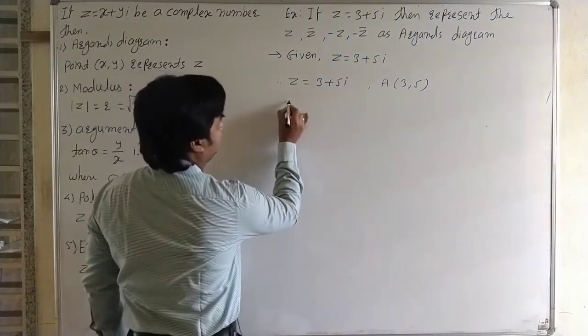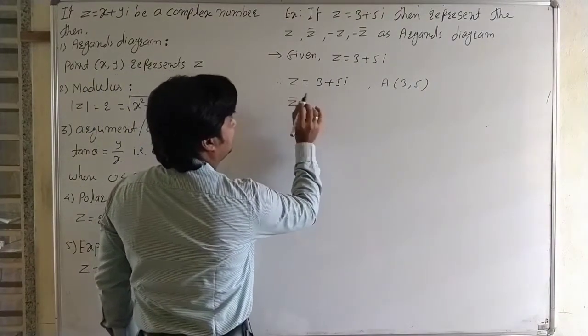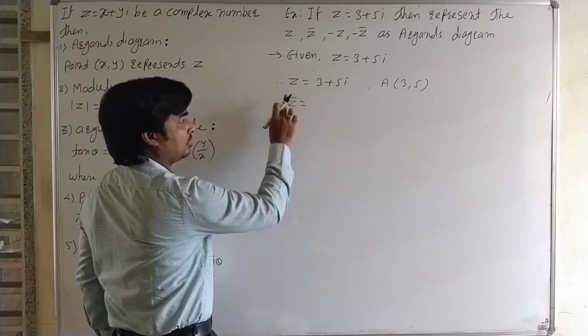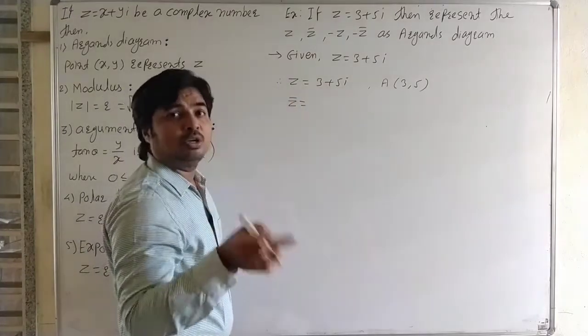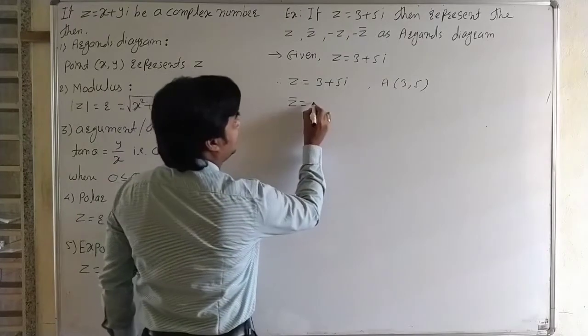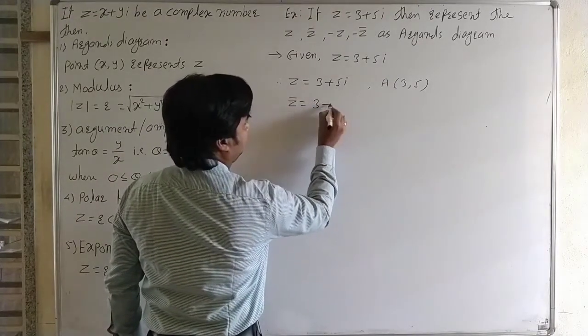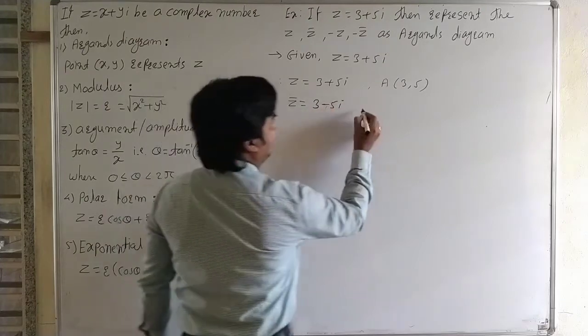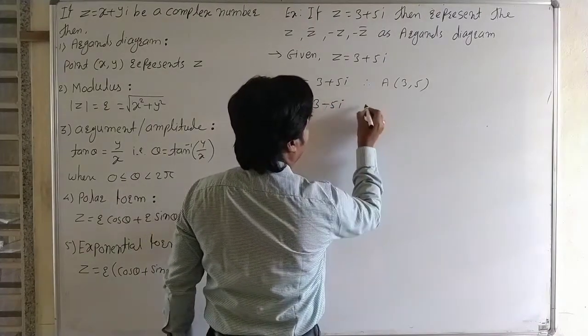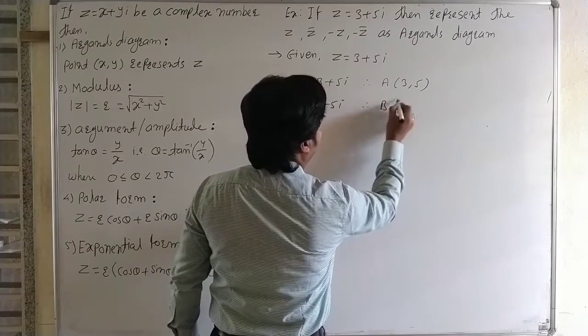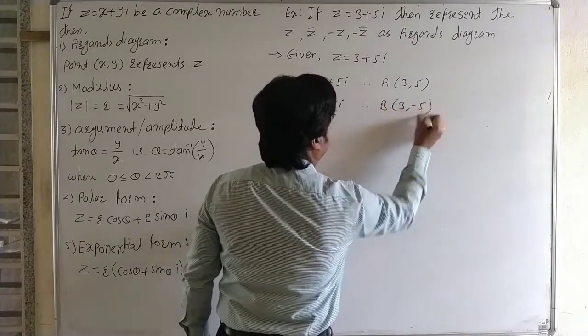Then z bar is the complex conjugate of z, which changes only the sign of the imaginary part, 3 minus 5i. Therefore point B is 3 comma minus 5.